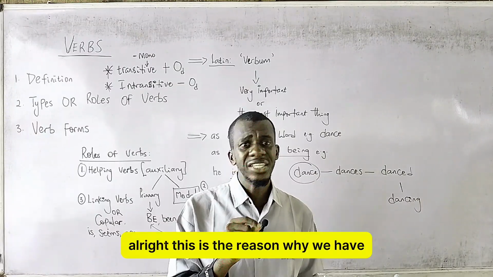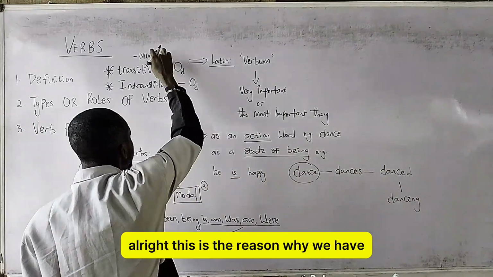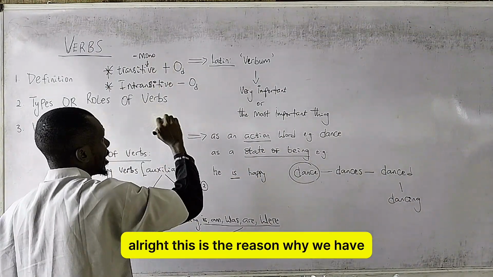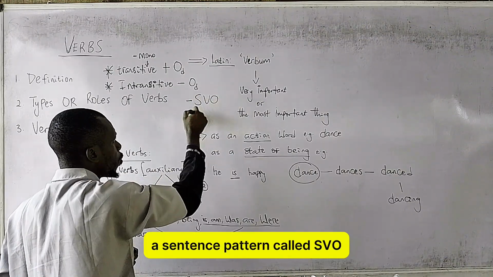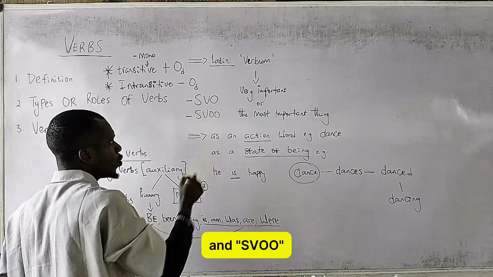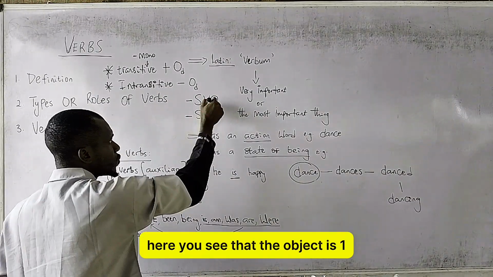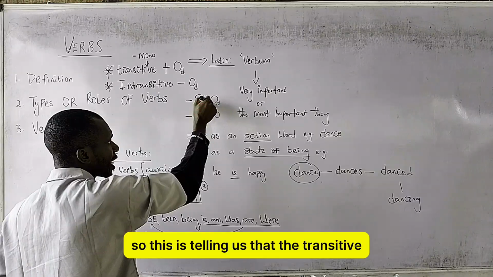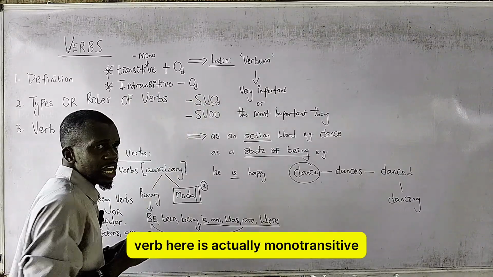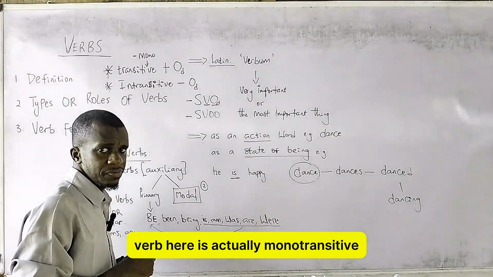Ditransitive. This is the reason why we have sentence patterns called SVO and SVOO. Here you see that the object is one, so this is telling us that the transitive verb here is actually monotransitive.